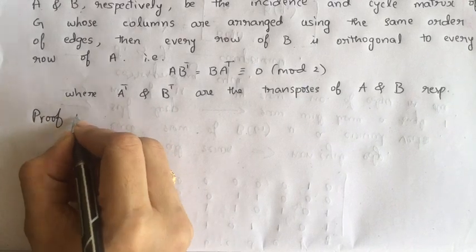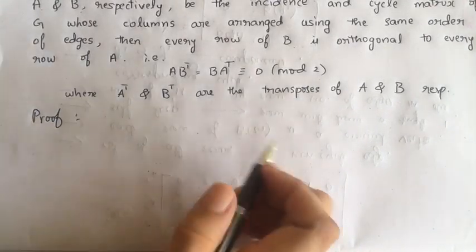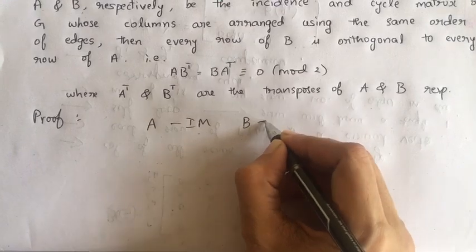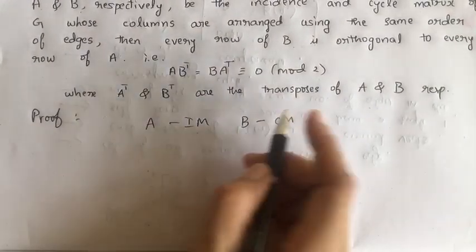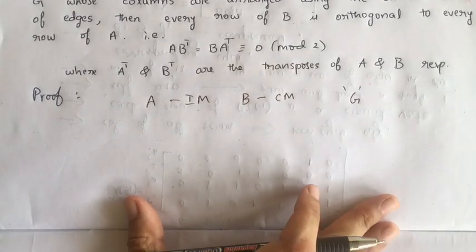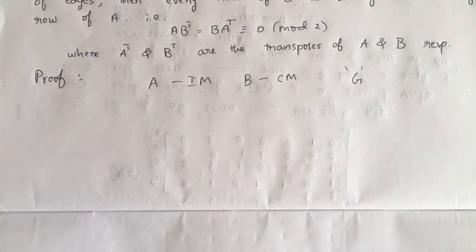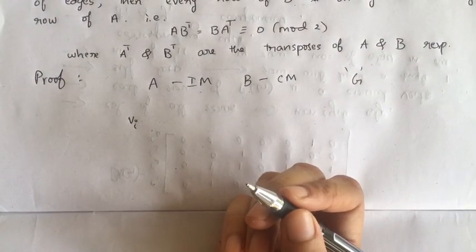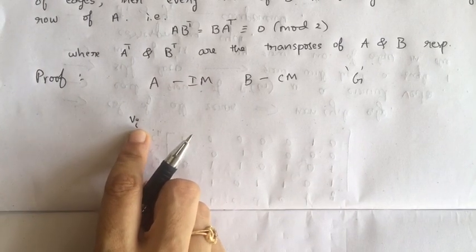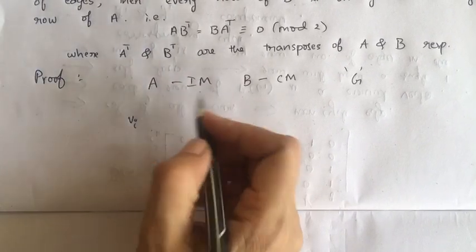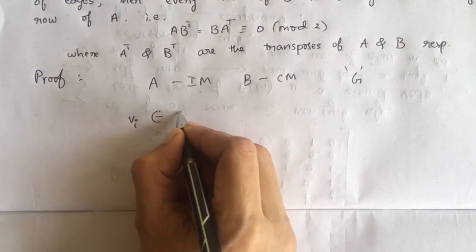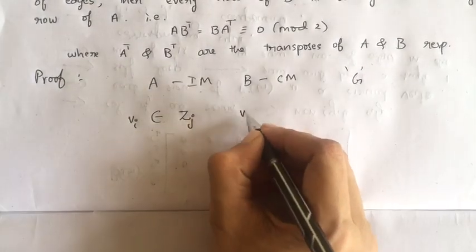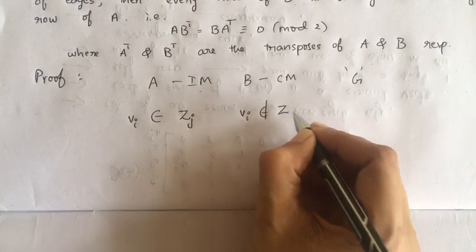If I have a graph G which does not have any self loop, and A represents the incidence matrix and matrix B represents the cycle matrix of graph G. This is my graph G. Now, for any vertex, suppose I consider a vertex Vi of graph G, then this vertex Vi may be included in some circuit, say Zj, or it may not be included in the circuit Zj.